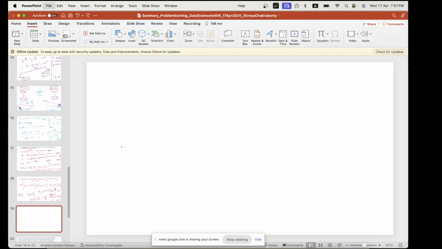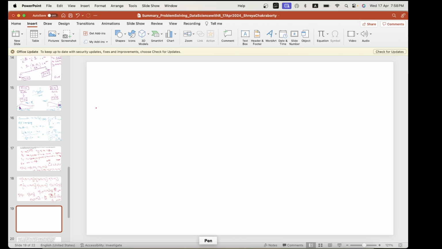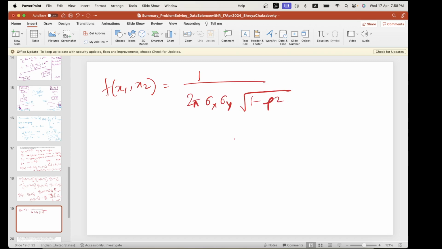Okay, so here, bivariate normal distribution looks like f of x1, x2 equals 1 by 2 pi sigma x sigma y root over 1 minus rho square.